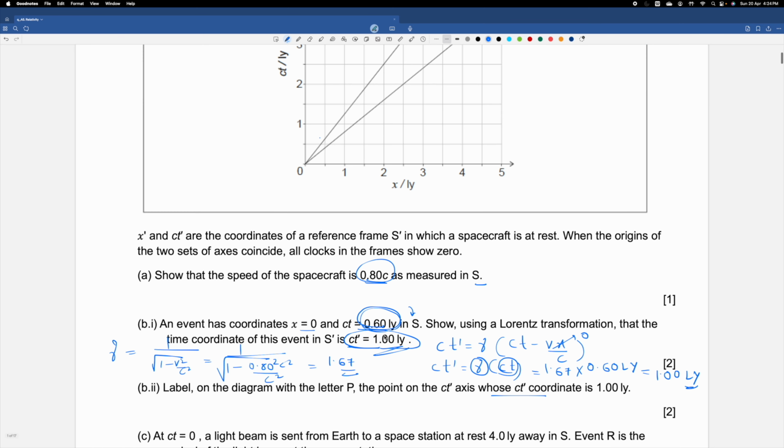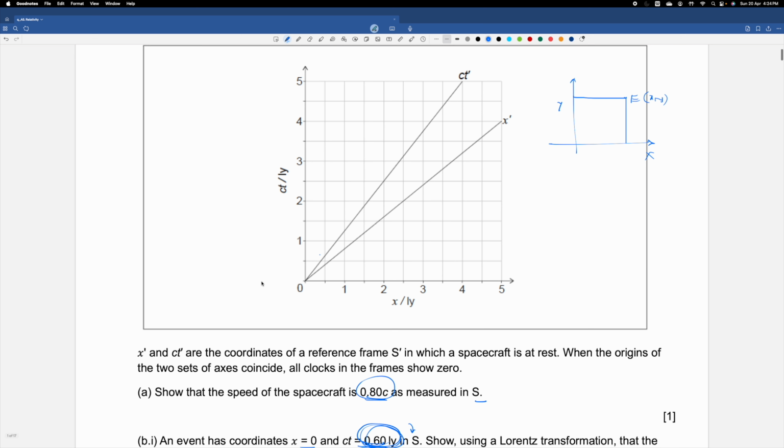So using the same logic, since we know that 1 light year on ct prime is 0.60 light year on our rest frame, this is your 0.60 light year on your rest frame, and you have to locate this coordinate on ct prime. Since I'm locating this coordinate on ct prime, which is your y-axis for S prime, you will draw a line parallel to the x-axis of S prime and see where that line intersects the ct prime.